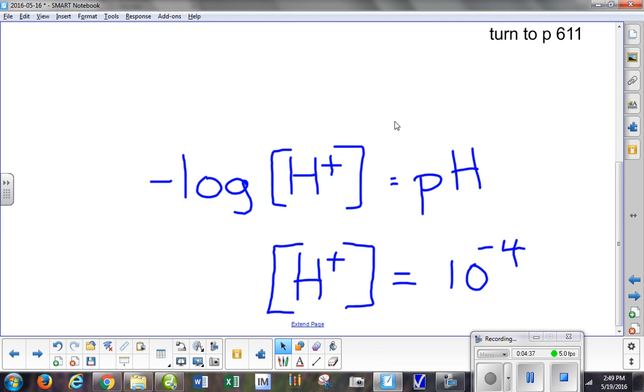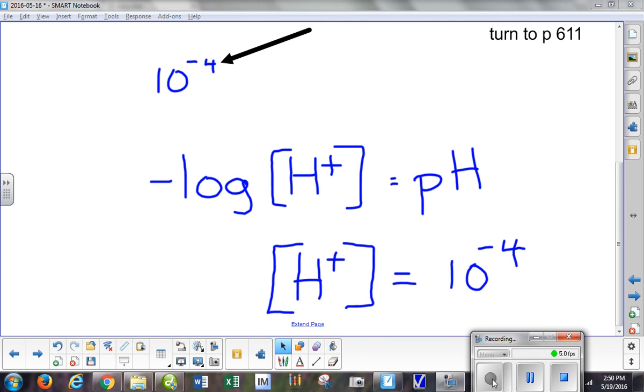Whatever the power of 10 is, it's going to be the pH if we change the sign. 10 to the minus 4. What is the pH? 4. Why? Because the hydrogen ion concentration here is 10 to the minus 4.